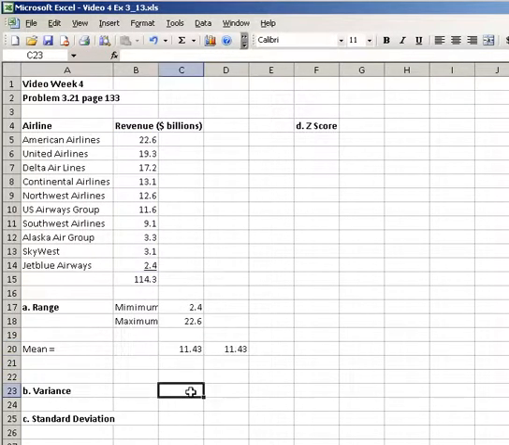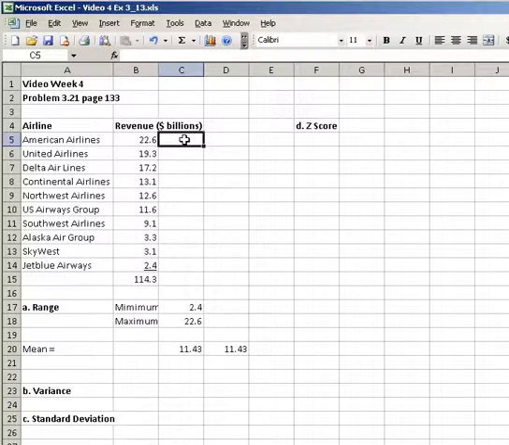Okay, what is the variance? Well, we could again do it one of a couple of ways. We could calculate it by hand or use Excel. Let's calculate it by hand, and I want to make a point. What we're looking for, first of all, is the average of the mean squared value of all these airlines. What is the mean squared error?